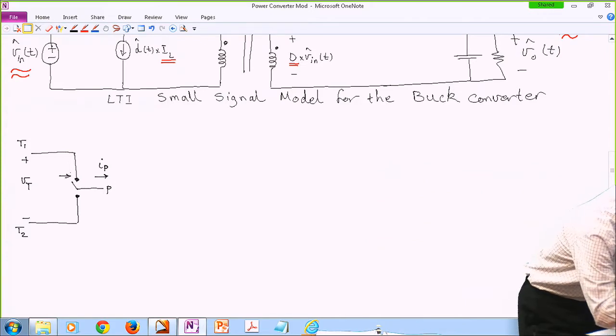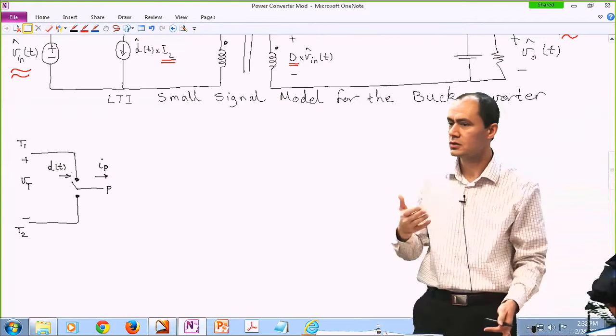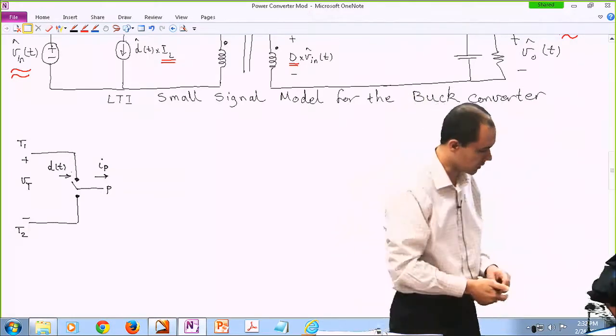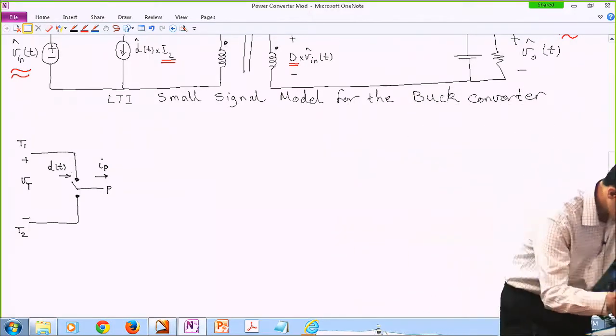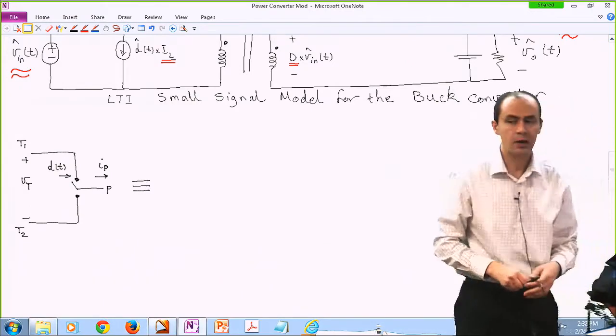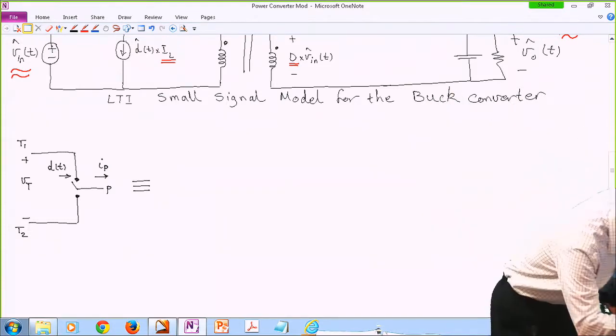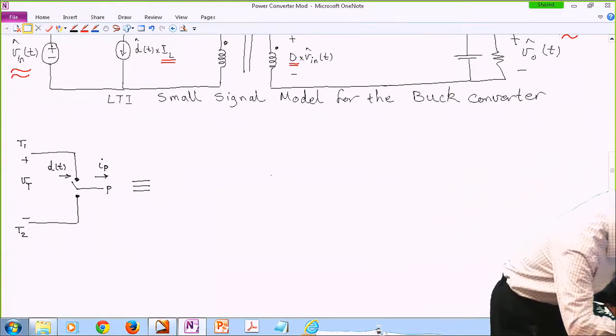Duty cycle is defined based on the top throw. Obviously, if the top throw is a diode and the bottom throw is a switch, then you have to use 1 minus duty cycle. No problem there. So based on the analysis that we had, anywhere that I identify this structure, I can just take it out and plug in the equivalent, which is basically this model.